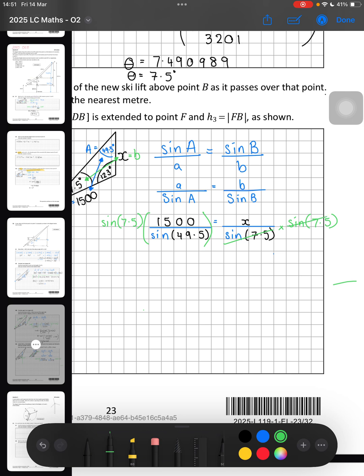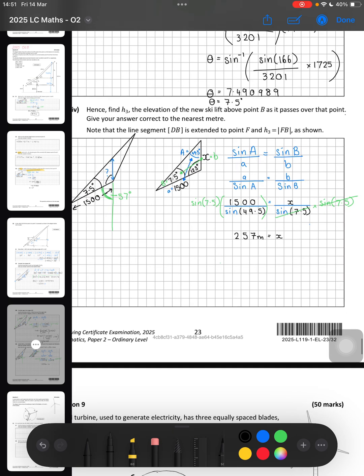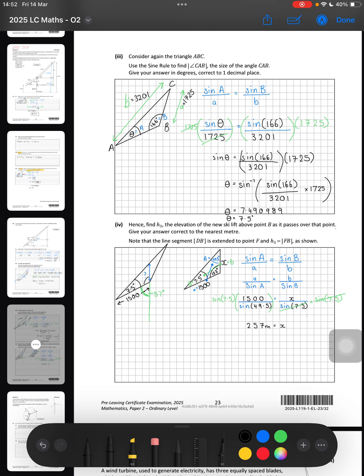On this side they'll cancel and I'll be left with x by itself. On the other side I can type it all into my calculator so that I get 257 meters. Okay, that's it done.